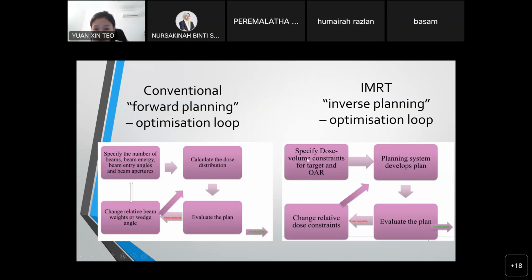For example, now the plan gives you a spinal cord of 50 gray, and I don't want to accept that. I want my spinal cord 45 gray only. So for your plan, you will need to adjust the cost functions of the spinal cord.